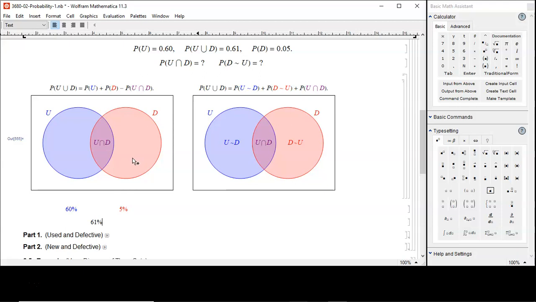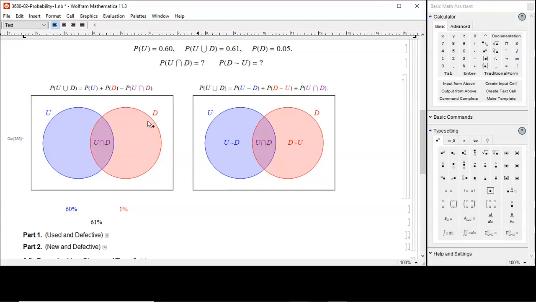Okay, so how do we proceed from here? This total thing is 61%. And then blue is 60%. So this red crescent part is actually 61 minus 60, that's 1%. And also, total is 61%, and this red is 5% here.